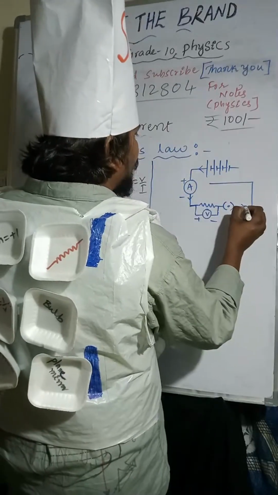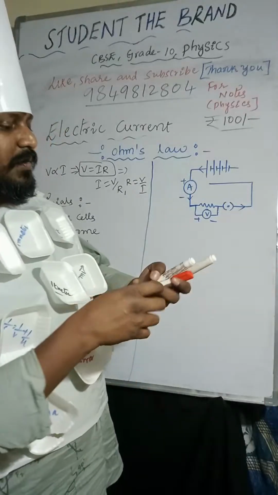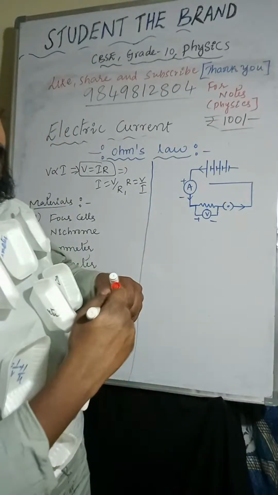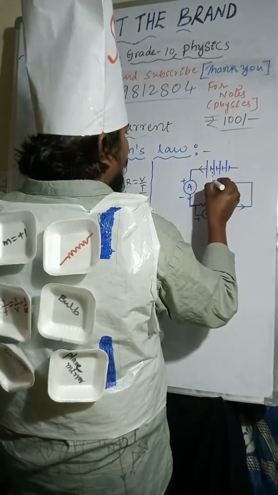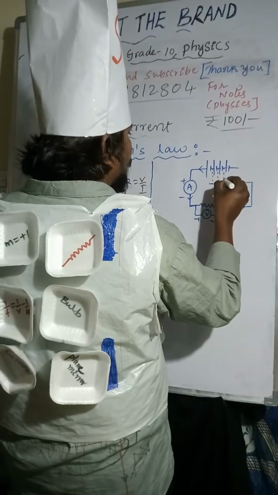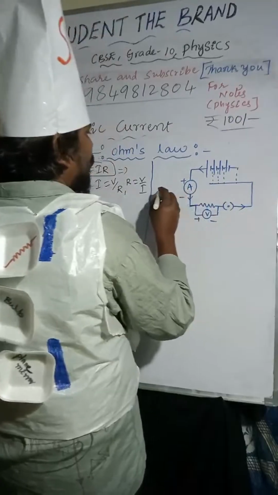So here you can see 4 cells. I'm connecting like here, and here also, here also, here also.